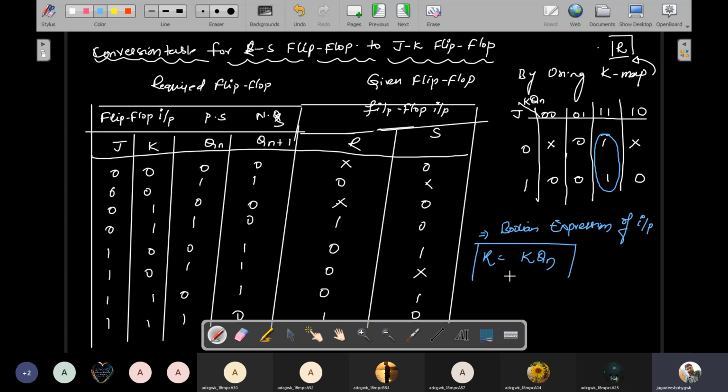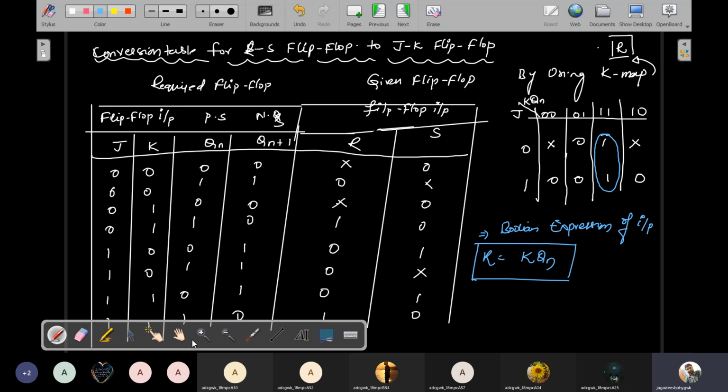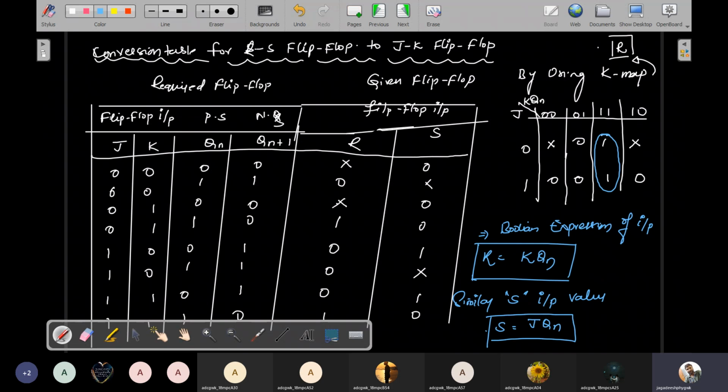So this is the input of R by using the Karnaugh map. So similarly, you will draw this type of Karnaugh map to find out the value of S also. So similarly, the S input value is simply S is equal to J Qn bar. Okay.